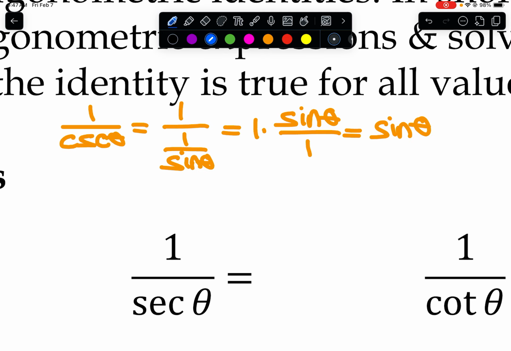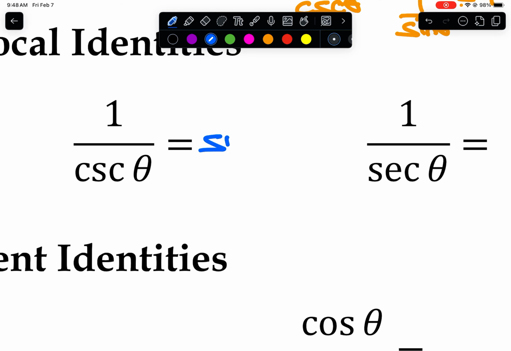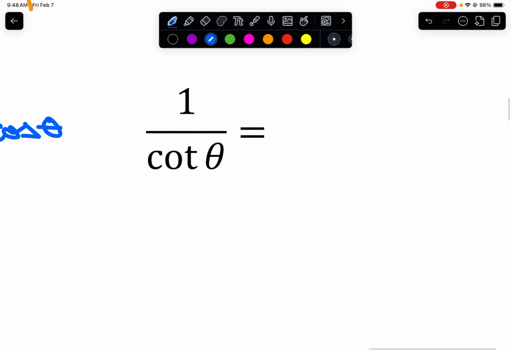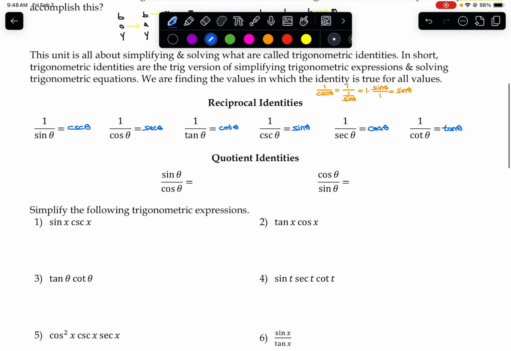We go back to the original, essentially. So if I have 1 over cosecant, that's the same as writing sine theta. Same idea, if I have 1 over secant, that's going to be cosine theta. And if I have 1 over cotangent theta, that's going to be equal to tangent theta. So here are 6 reciprocal identities.